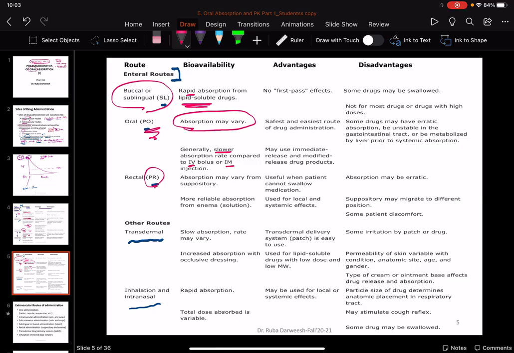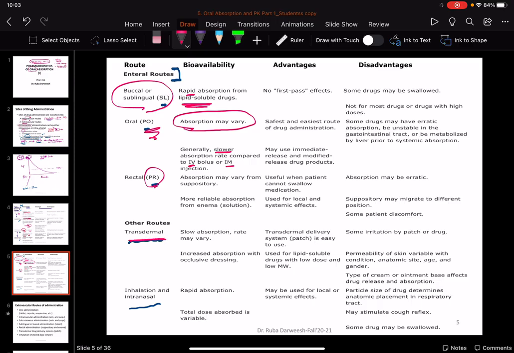So the variability of the bioavailability depends on the route of administration and on the absorption process, the extent and rate of the absorption process: if it's slow, if it's rapid, if it's high, if it's low, it depends.